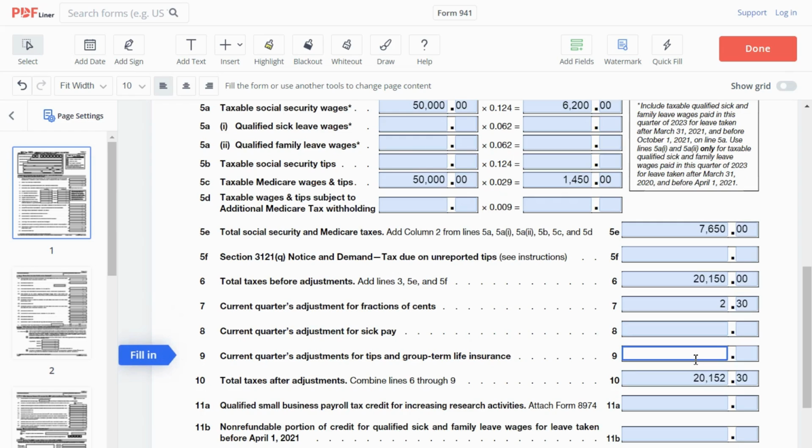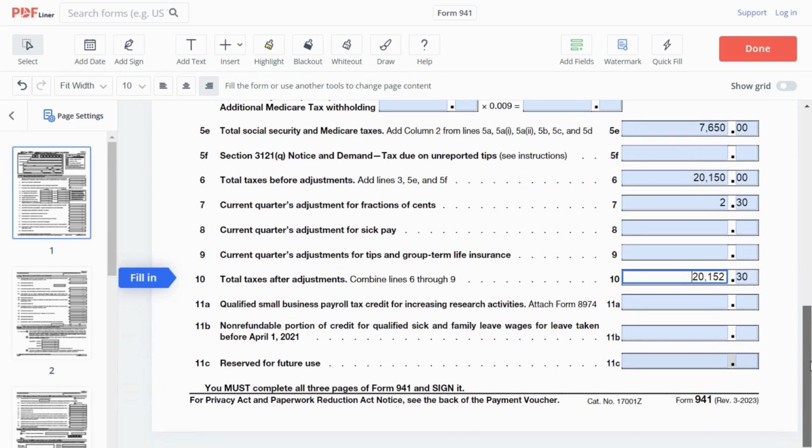And if you didn't collect taxes for tips or group term life insurance yet, enter the negative amount on line 9. Once you added all the adjustments, calculate total taxes after adjustments by combining lines 6 through 9. In this case, it's 20,152 and 30 cents.